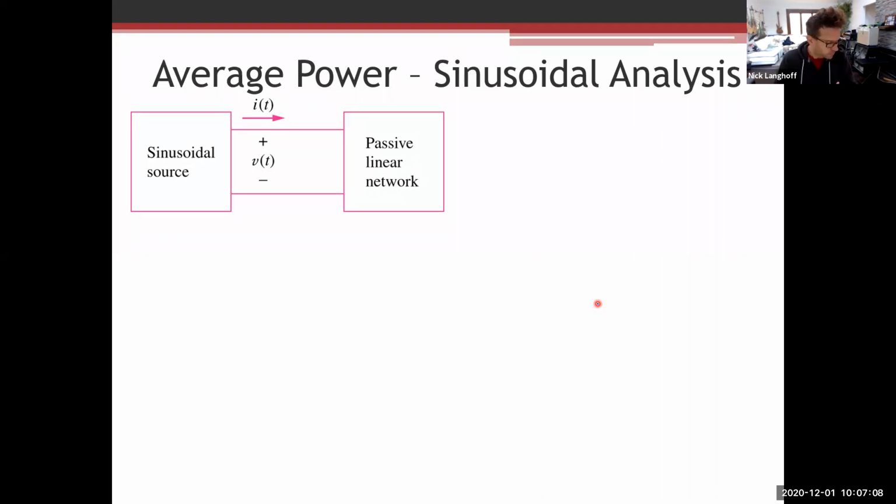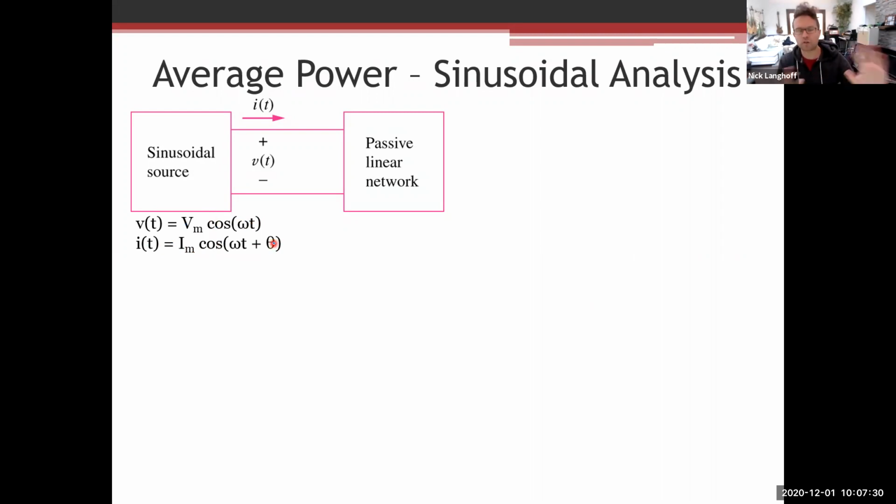But if we take a sinusoidal source and apply some voltage sinusoid, and then there's some current sinusoid, the voltage sinusoid is Vmax cosine omega t. The current waveform is Imax cosine omega t plus theta.